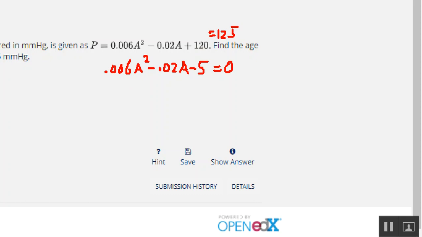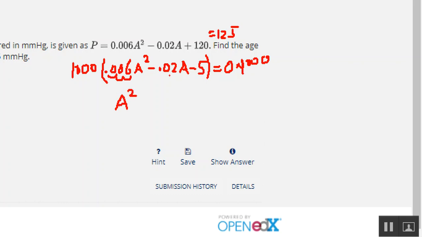Okay, now at this point in time, you could use your quadratic formula, but again, I'm going to multiply both sides by 1,000. The reason is to try to get rid of those decimals. So actually 1,000, I'm sorry, 1,000 because that's 0.006. I need 1,000 to move this decimal to the right, right? So 1,000. After that, I'll get 6a squared.